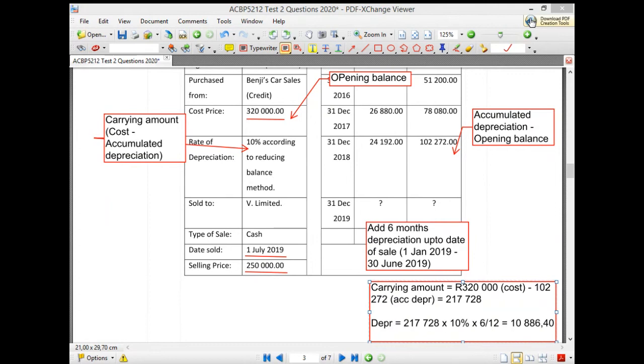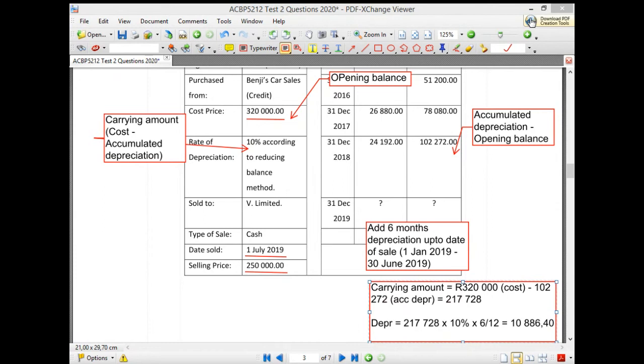Step 2 is I have to remove the accumulated depreciation at that stage for that vehicle, which would be these two items added together. So let's quickly add them together for you. If we sum them, it is 113,158.40. Okay, so that is the accumulated depreciation for that vehicle the date before we dispose of it.